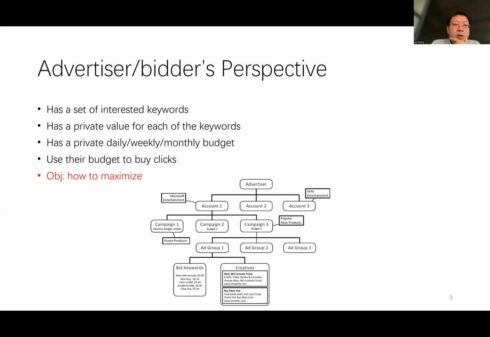The advertisers also have a private daily or weekly or monthly budget. This is the maximum amount of money they are willing to spend on the search engine within a day or within a week. So the advertisers' objective is to use this budget to buy as many clicks as possible.